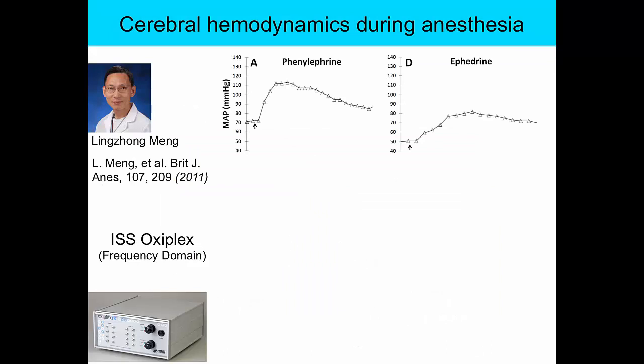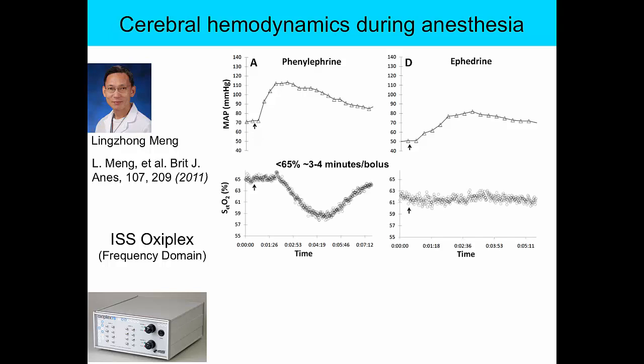And we've done work ourselves, not looking just before surgery, but what's going on with your brain during surgery. So this is a commercial frequency domain tissue oximeter. And here we're looking at 2 different pressor agents.